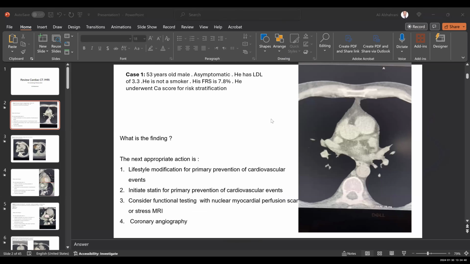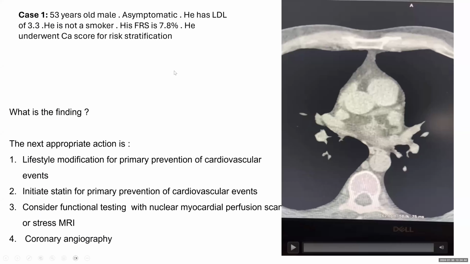Now we can use the Agatston score to quantify the calcium. So you want to use the Agatston score for quantification. Is there any other tool that we use to quantify calcium score?